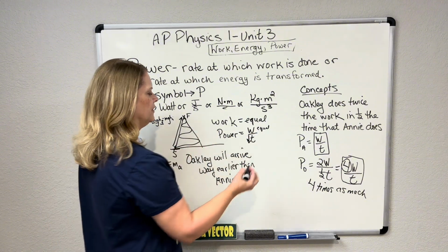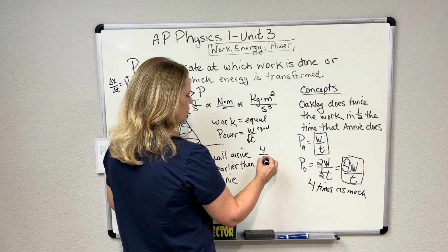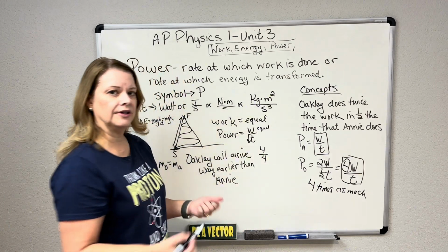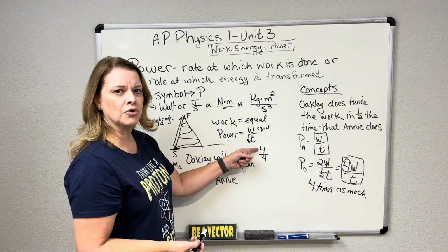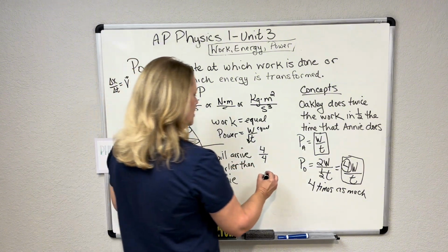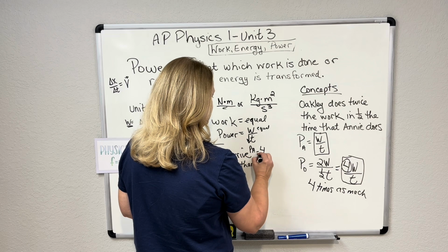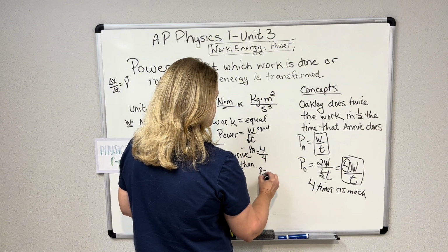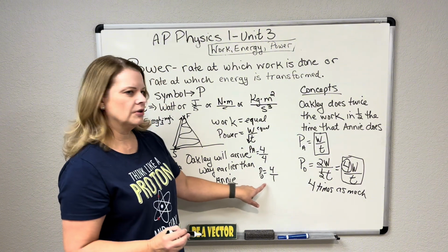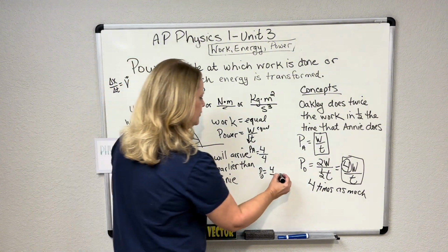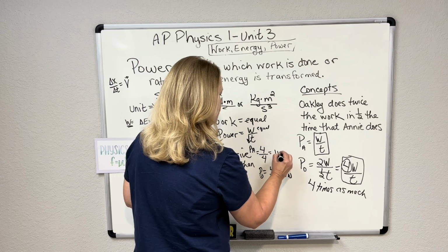So in other words, let's say Annie did 4 joules of work in 4 seconds. Well, let's say that Oakley then did the same 4 joules of work, but this would be power for Annie, and then power for Oakley, just making up numbers, she did it in 1 second. Well, Oakley's power is going to be greater. Hers is going to be 4 watts, whereas Annie's is going to be 1 watt.